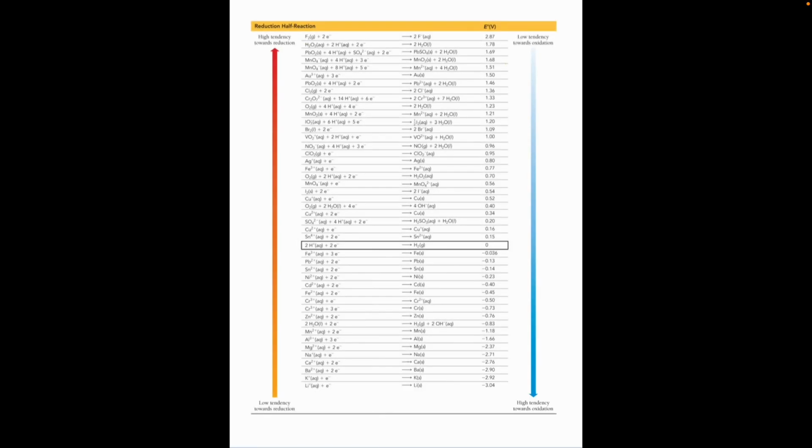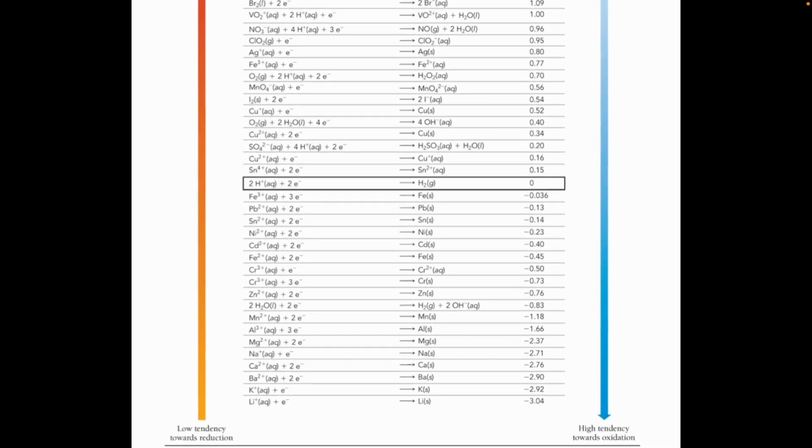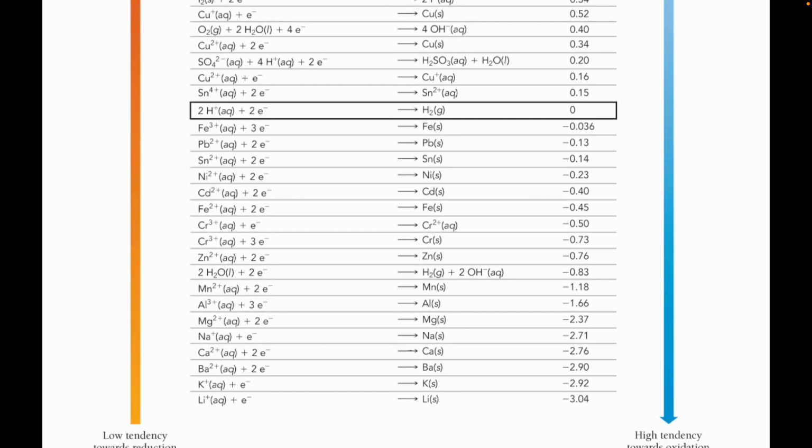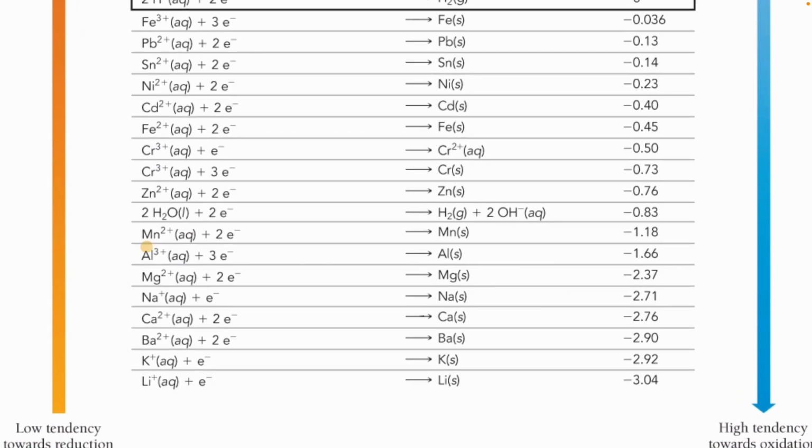So here's my 1 reaction. And then here I have my reaction with aluminum.